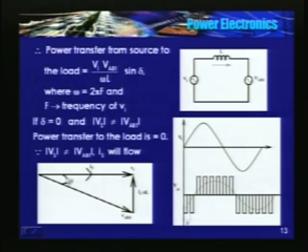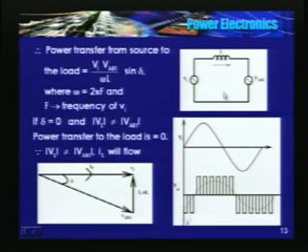So I need some angle between the positive zero crossing of the input voltage and the positive zero crossing of the VAB voltage. As you increase this delta, power transferred from source to load increases.